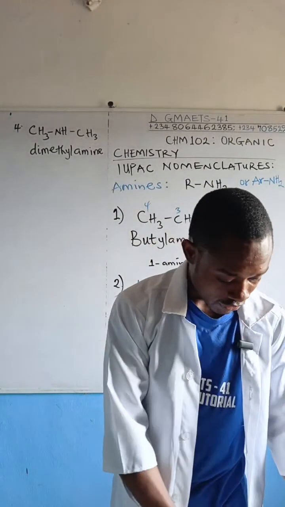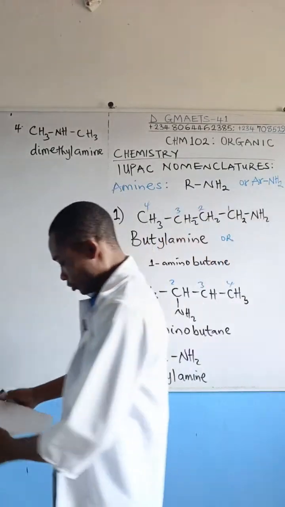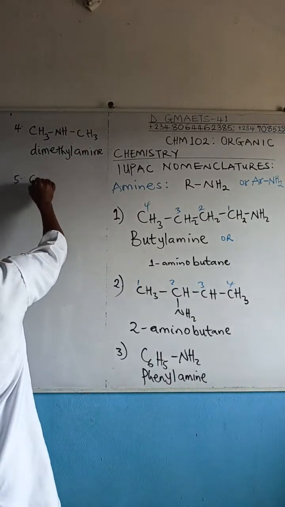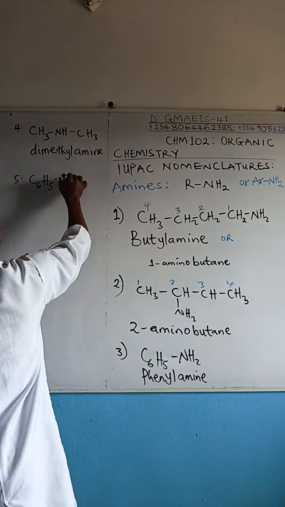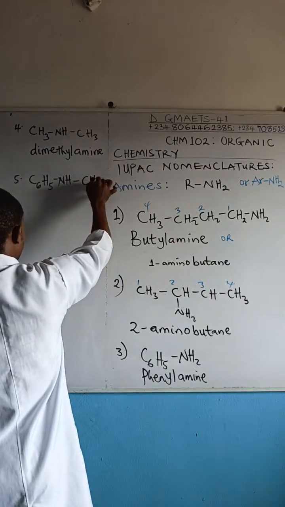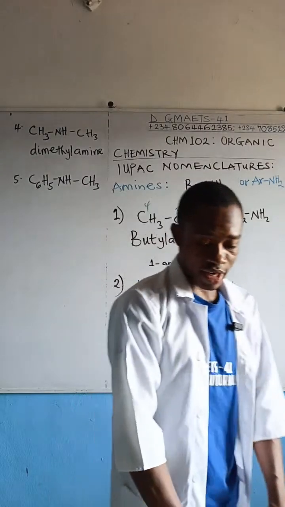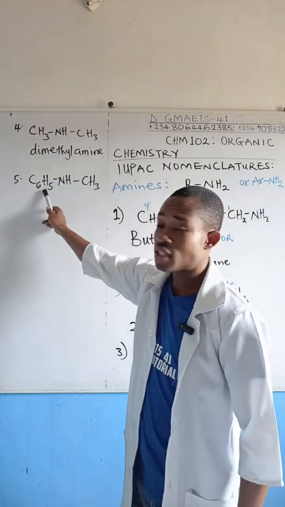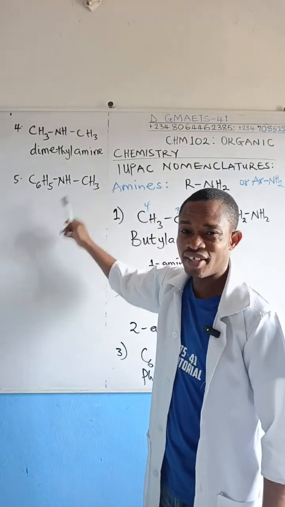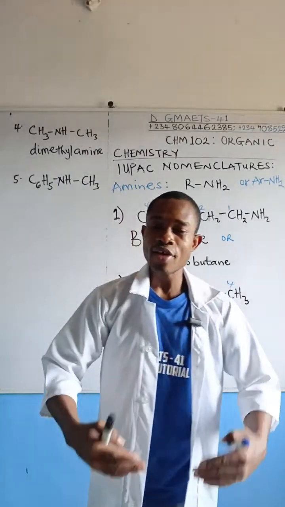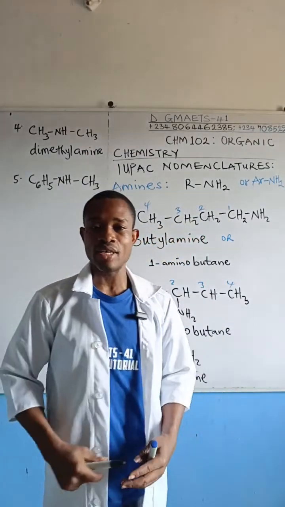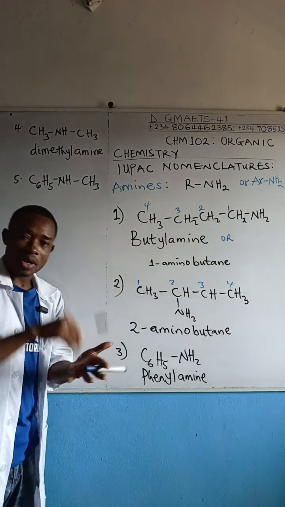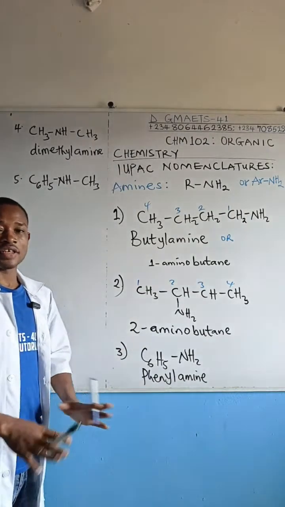This takes us to the next structure we have here, number 5. The structure I have is C6H5, NH, and then CH3. Now, did you take note that the groups attached to the nitrogen are no longer the same? This is phenyl, and this is methyl. So here you apply your N-alkylamine, because the groups attached to that nitrogen, substituting for hydrogen, are different.